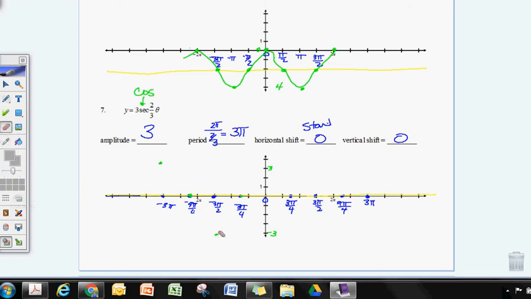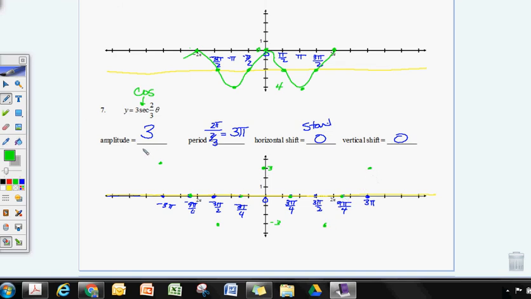Erase. Erase. Let's see. It would be 1, 2, 3. Yeah. So I hit my lowest point, back to my middle point, and my highest point. And my middle point, my lowest point, my middle point, and my highest point.